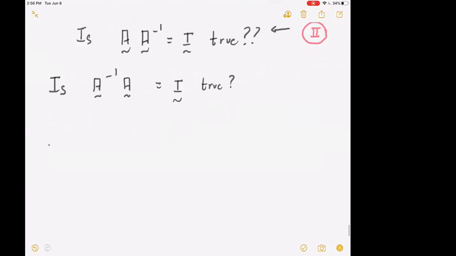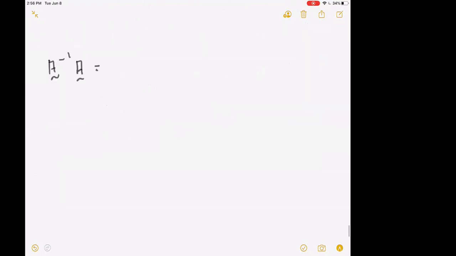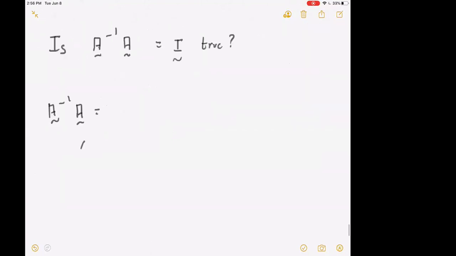Okay, so let's write this whole thing up. Here's the inverse of A, here's A. And the inverse of A, we're going to get into all the details. Here's the first row. Here's the second row. And here's the third row.